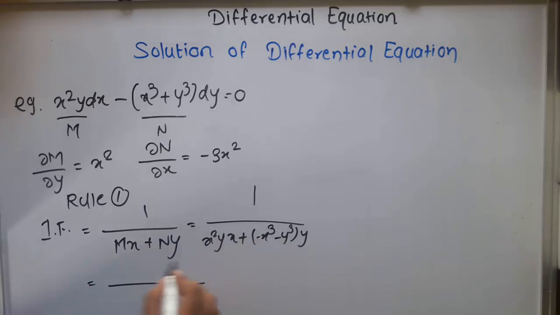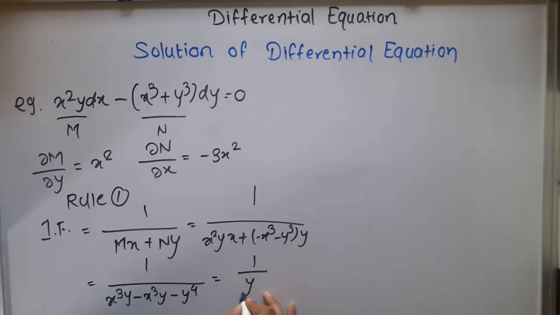So our integrating factor will be 1 upon x cube y minus x cube y minus y raised to 4. This x cube y gets cancelled, so the integrating factor will be minus 1 by y raised to 4. So this is our integrating factor.